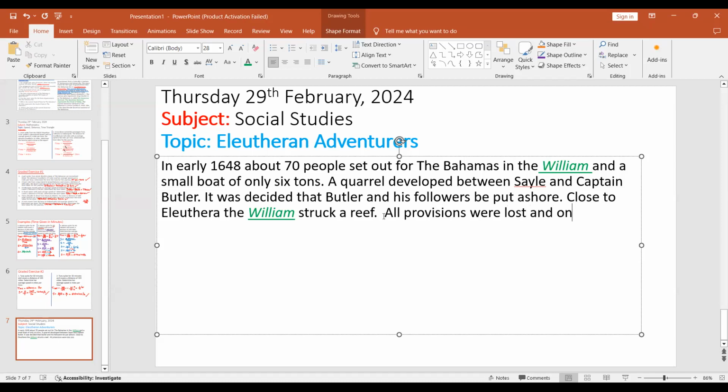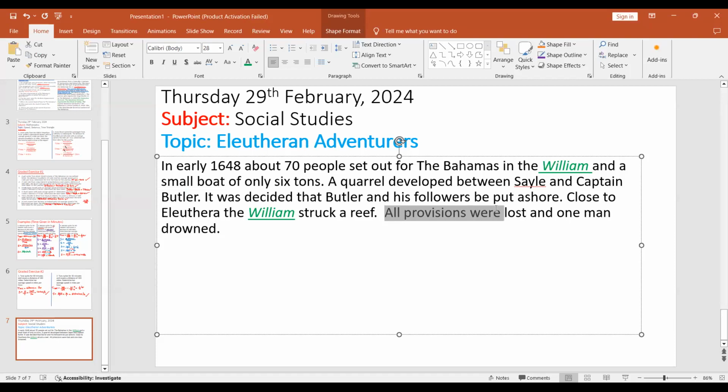And one man drowned. So the group is getting smaller and smaller. First they had to split, and now there is this devastation to the boat that they are on. So it doesn't look good, right?